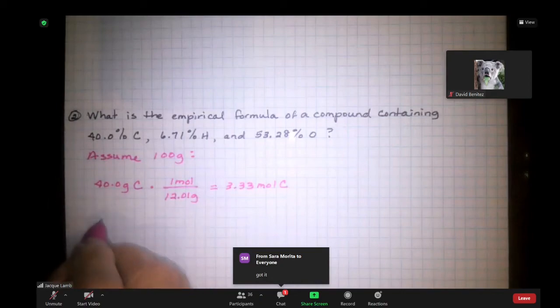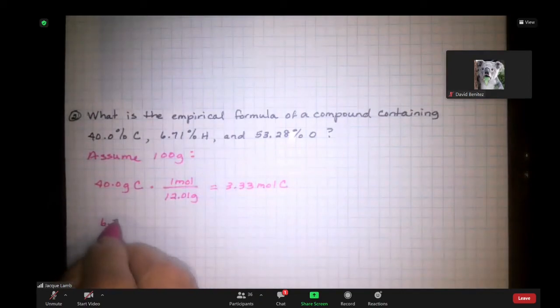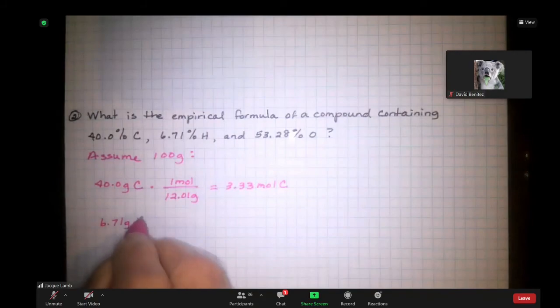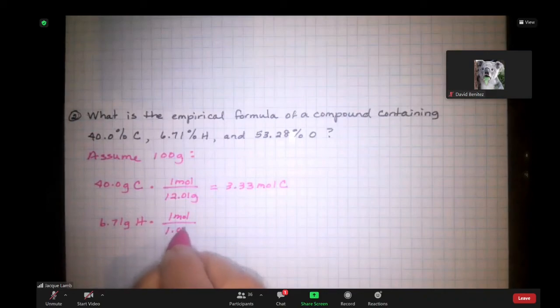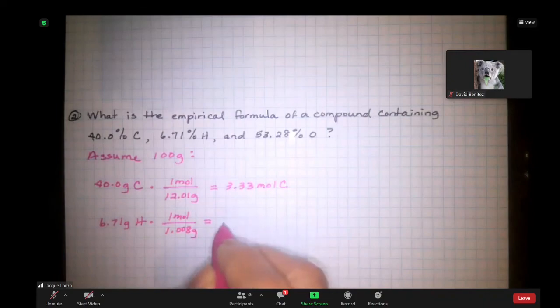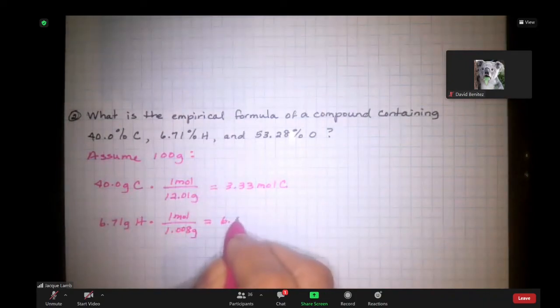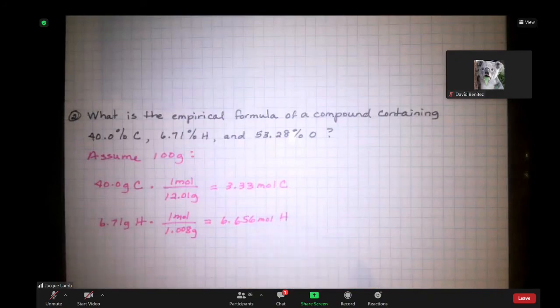I have 6.71 grams of hydrogen. 1 mole of hydrogen is 1.008 grams. That means that I have 6.656 moles of hydrogen.